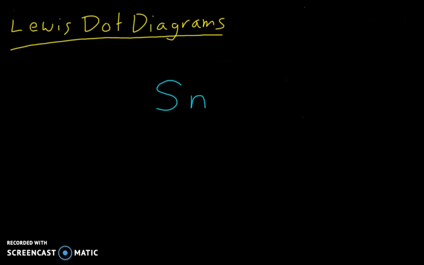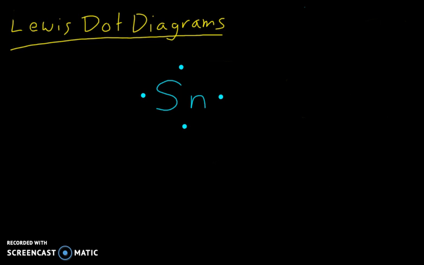So when we're using our 4 valence electrons, we can put a dot above, we can put a dot below, a dot to the right, and a dot to the left. And that would be how we would make our Lewis dot diagram for tin. This shows us that we have 4 valence electrons for a tin atom.